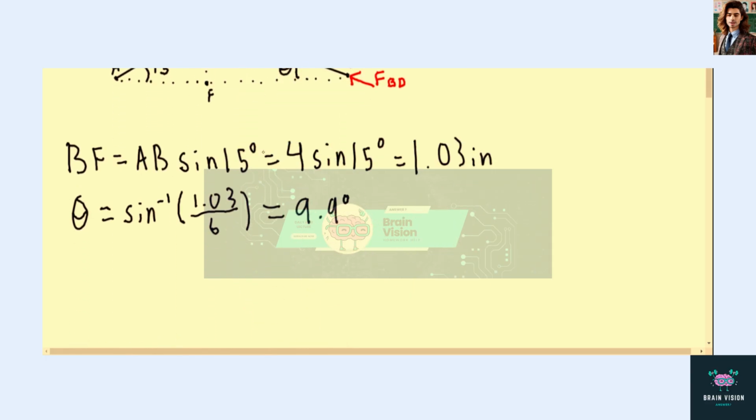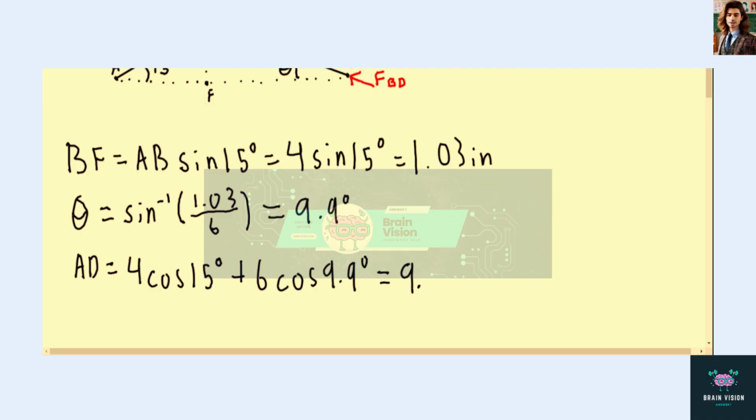So we can write out the following: AD is equal to 4 times the cosine of 15 plus 6 times the cosine of 9.9 degrees. And that will give us a length of 9.78 inches.